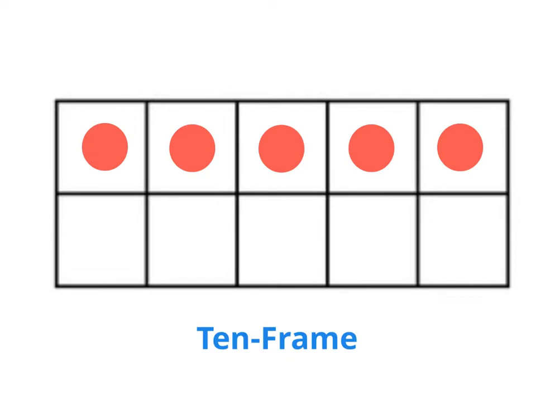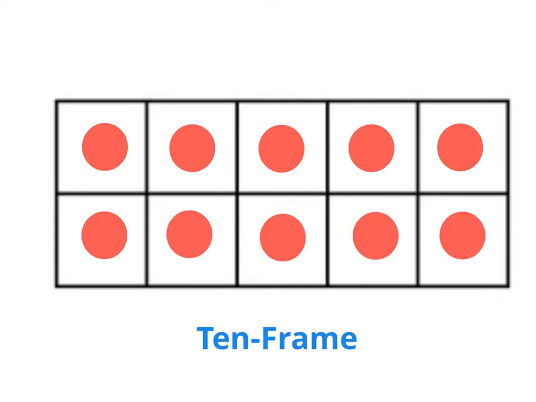But now look, the whole first row is full. You know that there are 5 boxes here, so you don't have to count to make sure that there's 5 if you can remember that each row has 5 boxes.